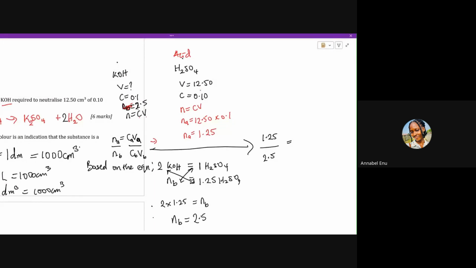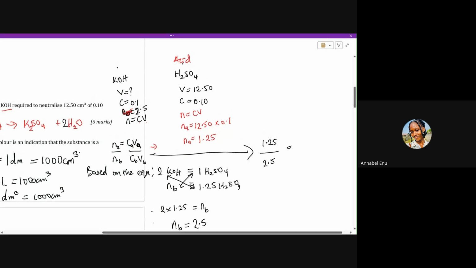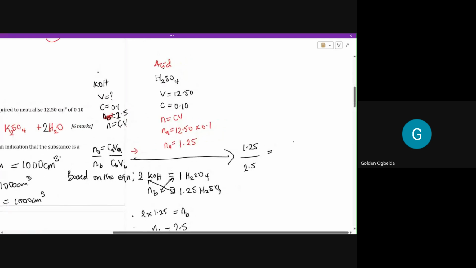Golden, can you tell me what the concentration of acid is? 0.1. Very good, 0.1. Now, what is the volume of the acid? 12.5. Very good. 12.5 divided by now concentration of base and volume of base.